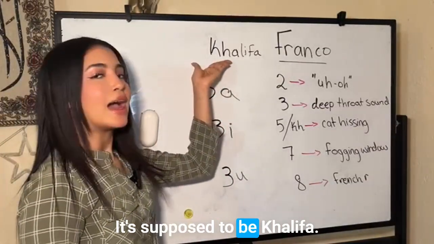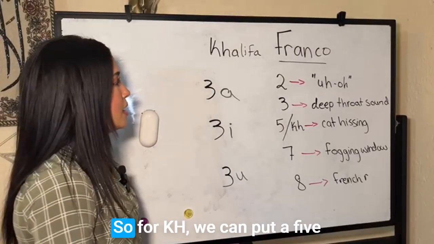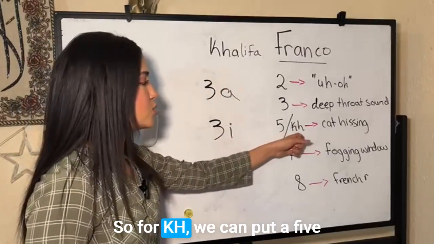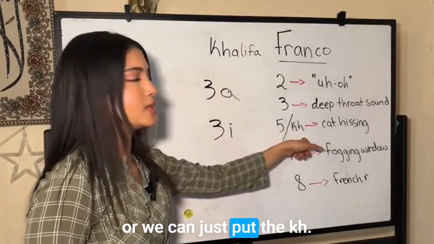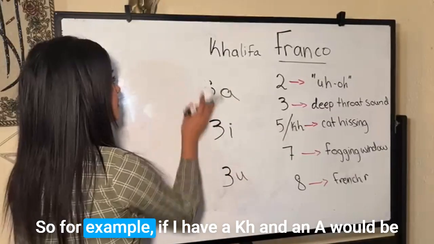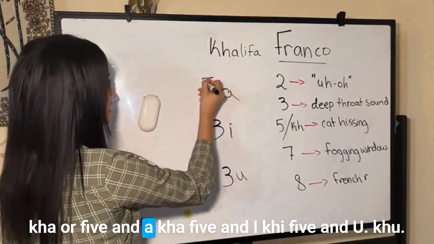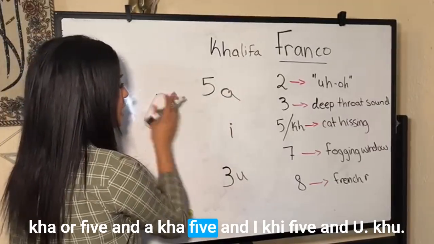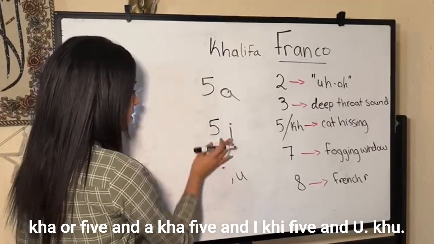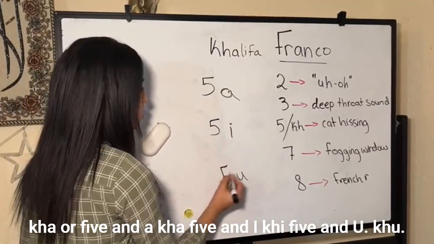It's supposed to be Khalifa. So for KH, we can put a 5 or we can just put the KH. So if I have a KH and an A, it would be Kha, or 5 and an A, Kha, 5 and an I, Khi, 5 and a U, Hu.